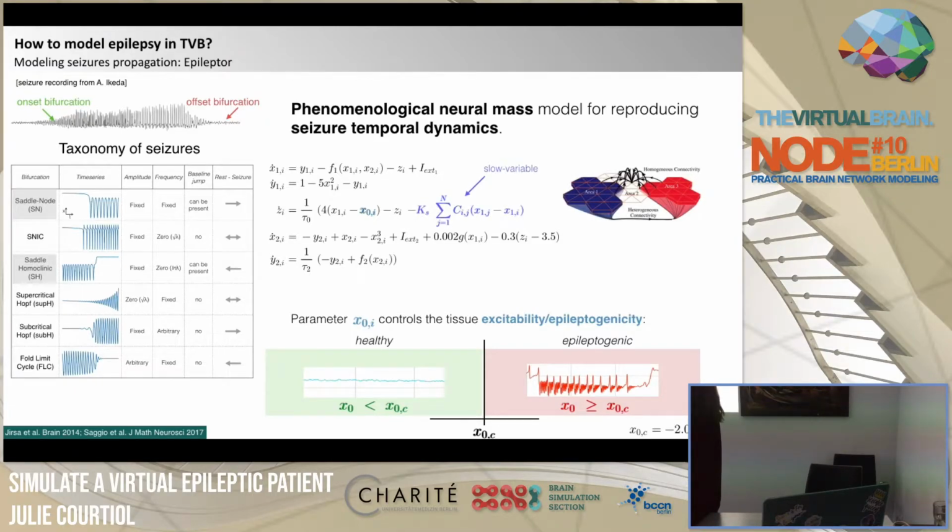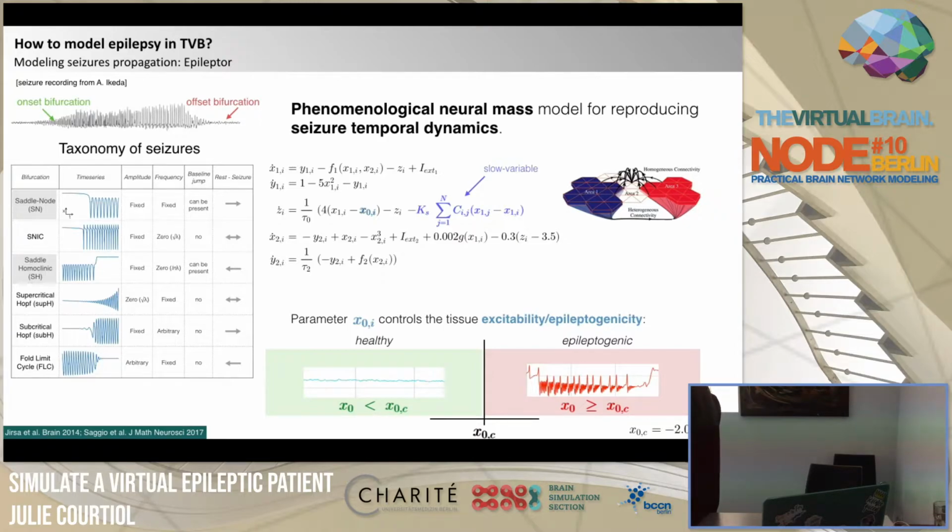So now we know how to model one node to be epileptogenic, to trigger seizures, but we need to link it with its neighbors to build a brain network. And here we insert the coupling function in these slow variables, and here C is your structural connectivity of the patients.